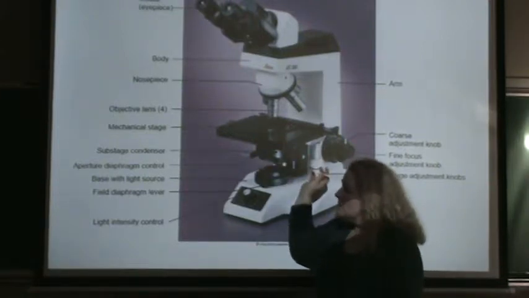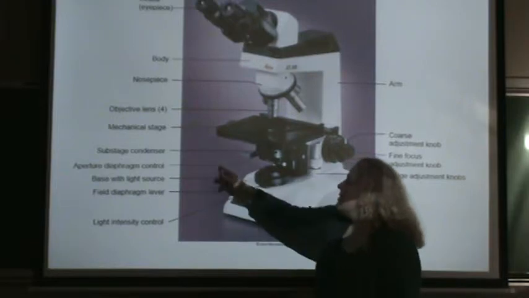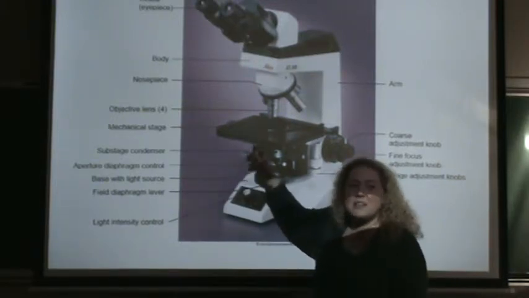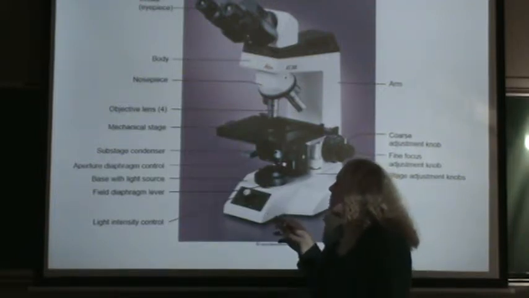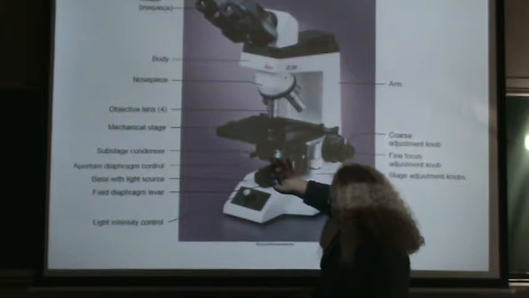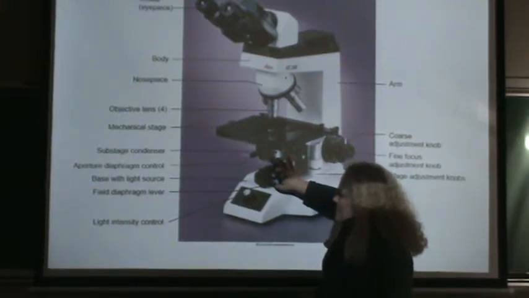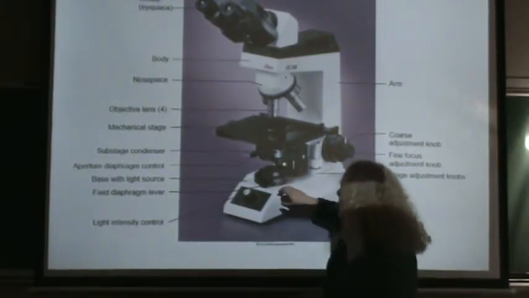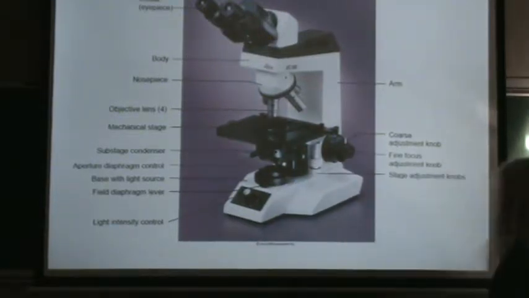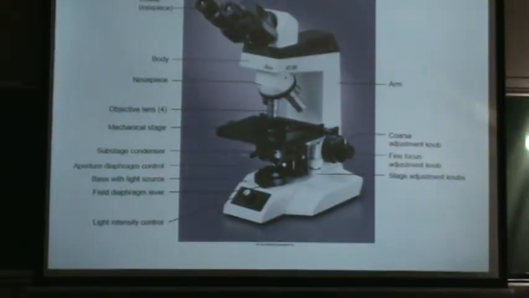I'll take either terminology. Oh, they are showing it right here: aperture diaphragm control, same thing as the iris diaphragm lever. And this microscope is a little bit different down at the bottom than ours is. So their blue filter does not float like ours, but the other parts are the same.